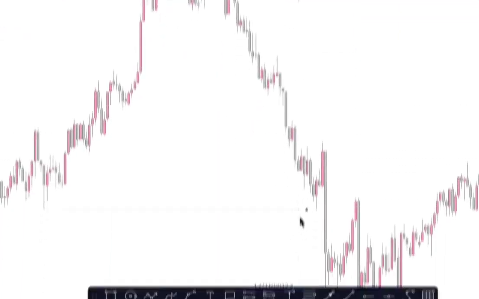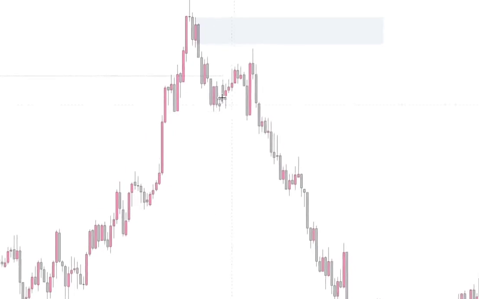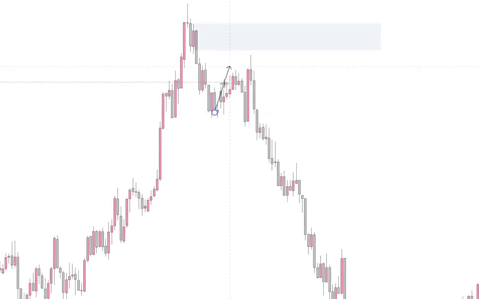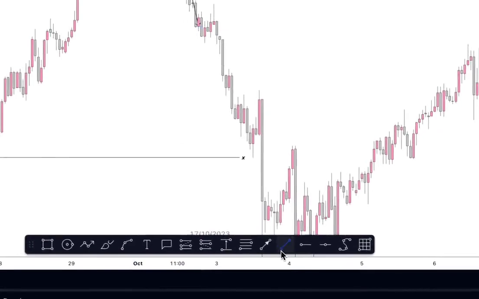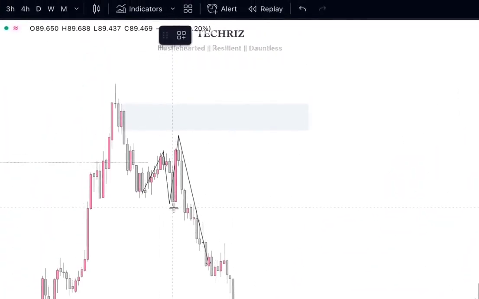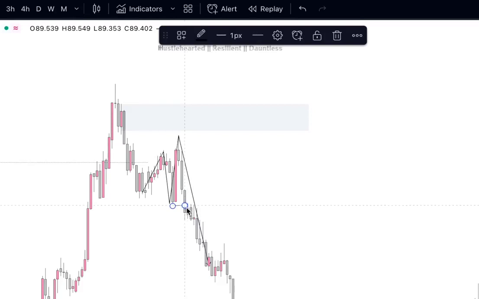You can see that this particular inducement now has taken off a previous level, which is this level here. So we could actually consider that as a valid inducement, just because this particular level has been taken off by the inducement. So that's a valid inducement to our order block, right?